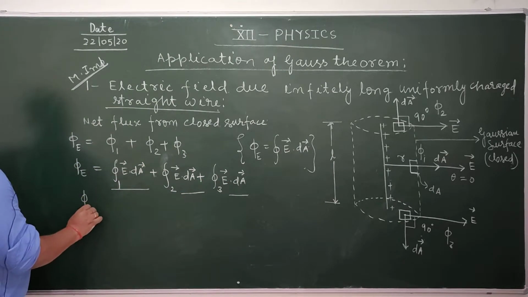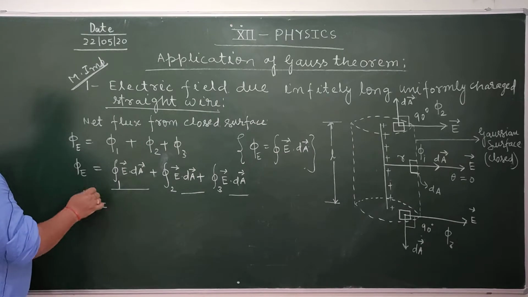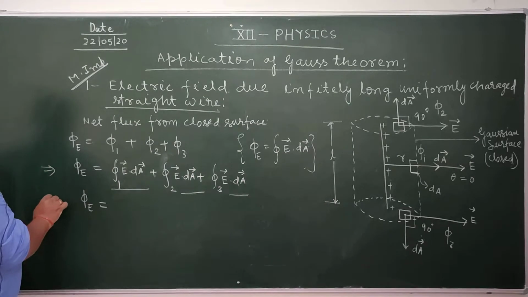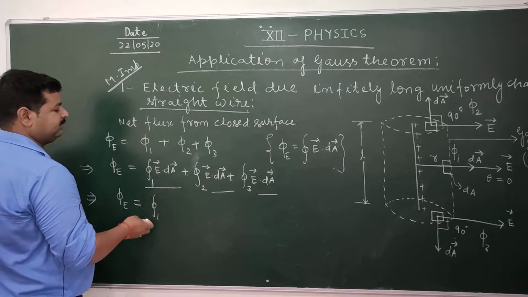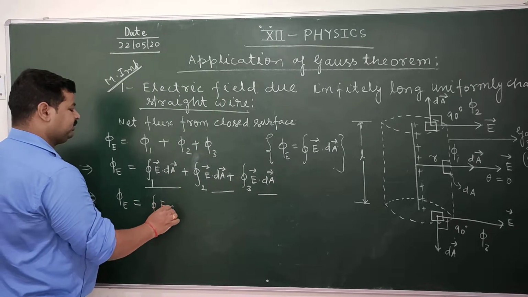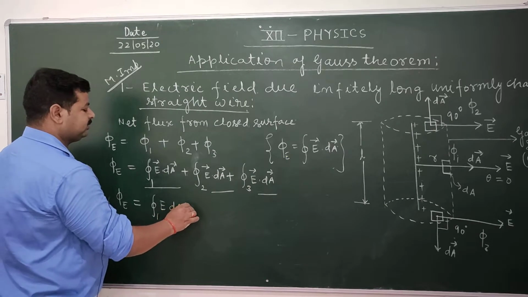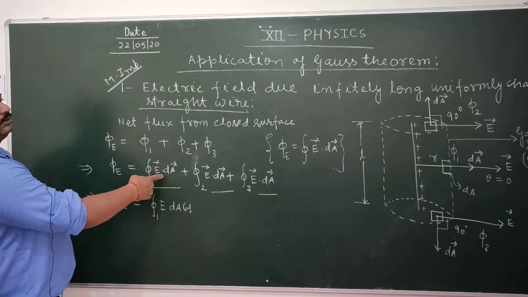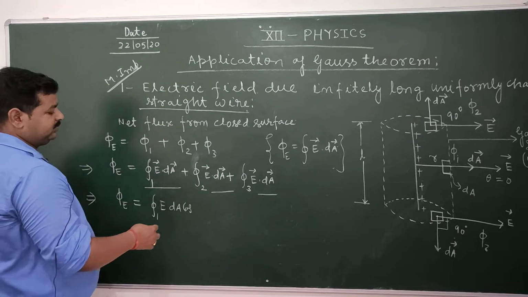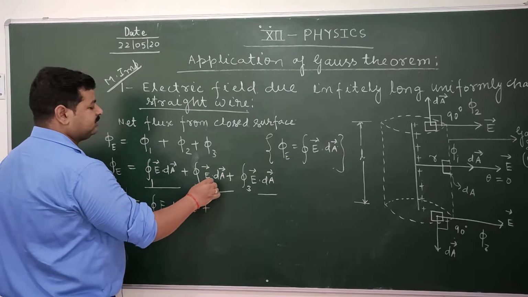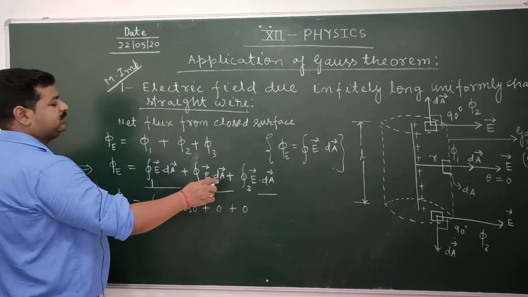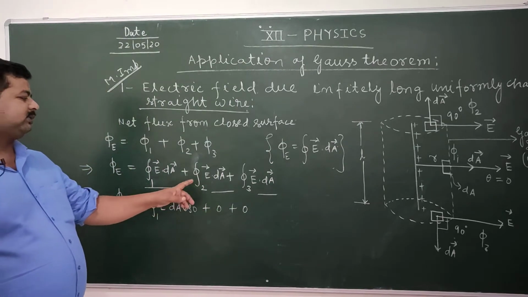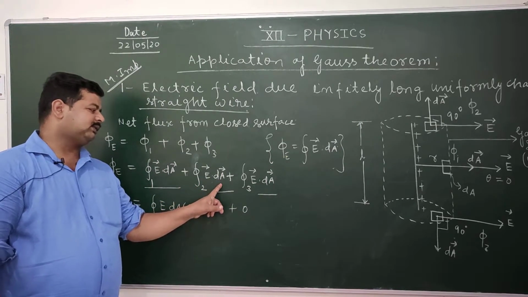In the next step we write E dA cos theta, but theta is 0 in the first part of the segment. The other two terms become 0 because the angle between the electric field and the area vector is 90 degrees.